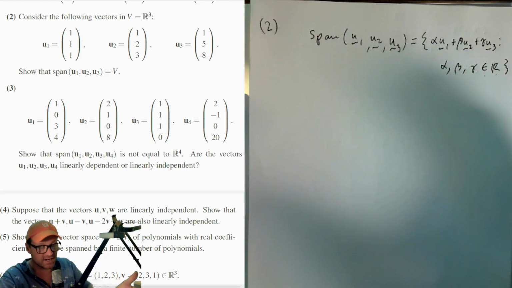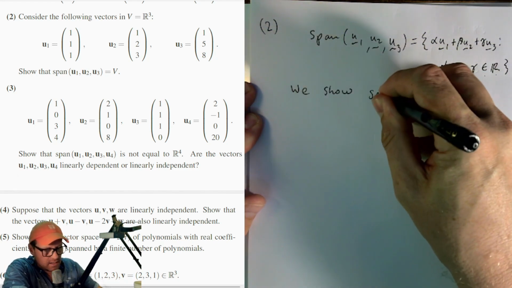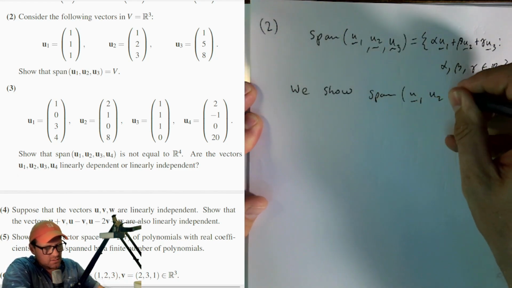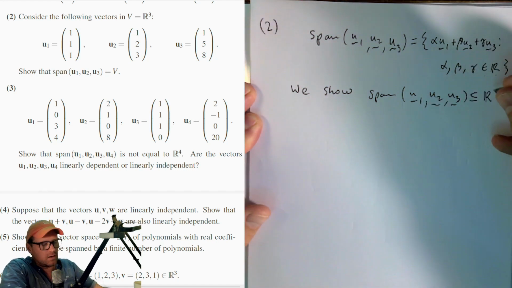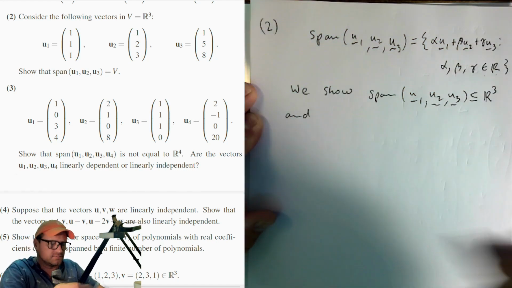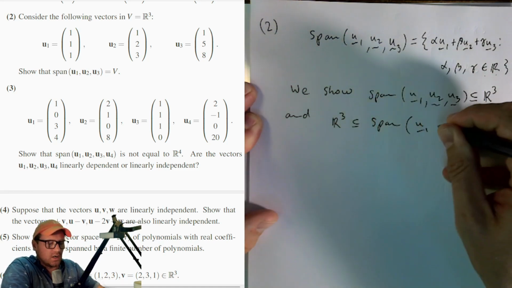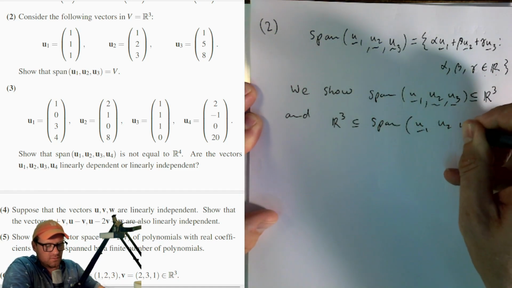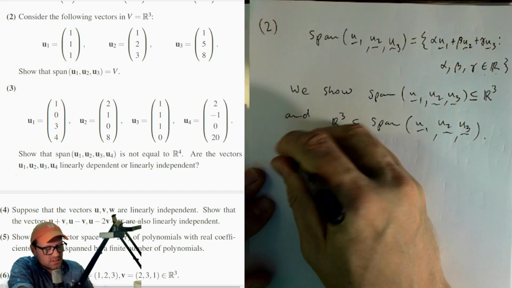Okay, so our strategy is we show that span U1, U2, U3 is a subset or equal to R3, and R3 is a subset or equal to the span of U1, U2, U3. Okay, so let's begin with the first part, which is the easy part.